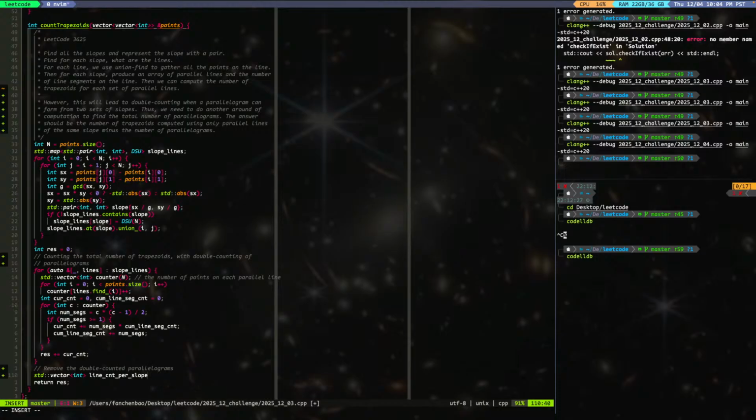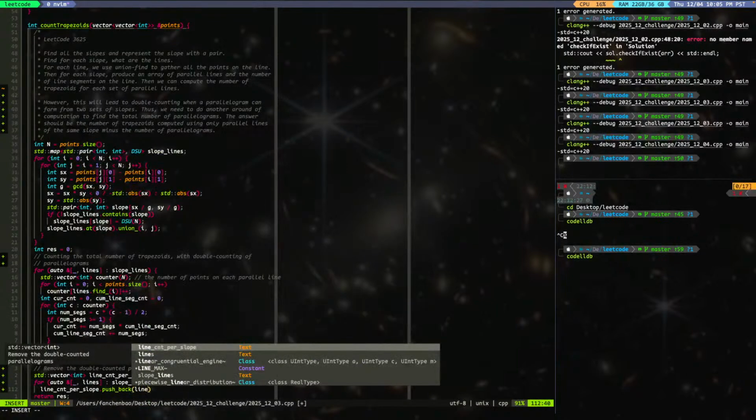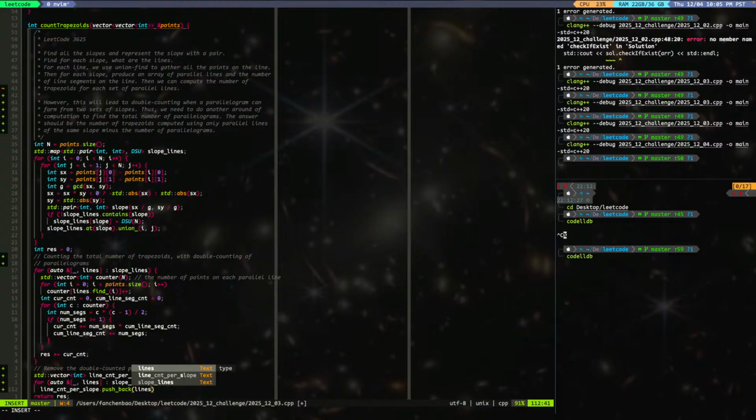Okay. Then what we're gonna do is for auto lines of slope lines, we say line count per slope dot pushback lines, how many lines? Dot size. That's the number of lines.